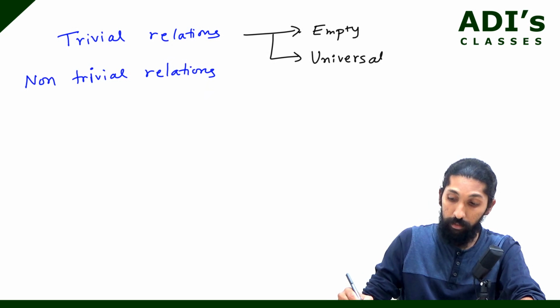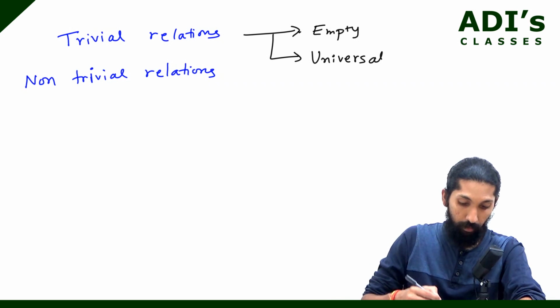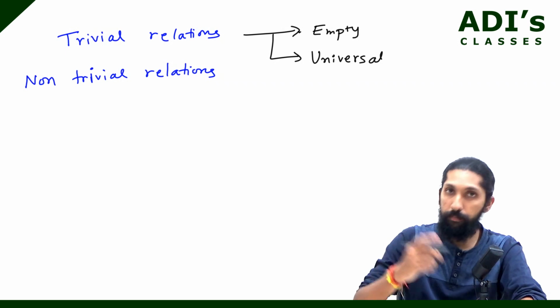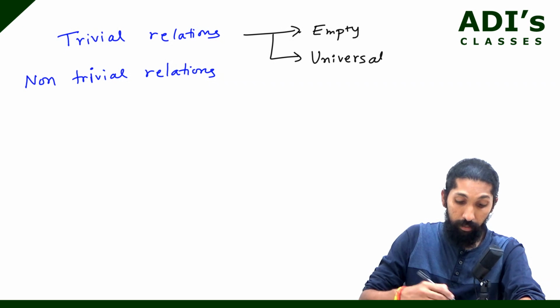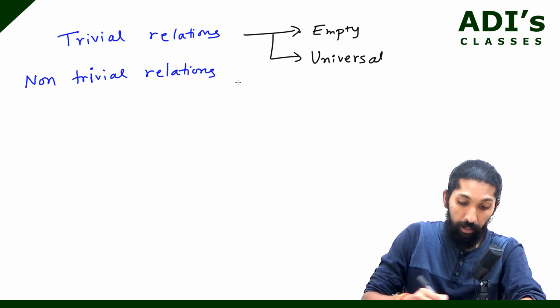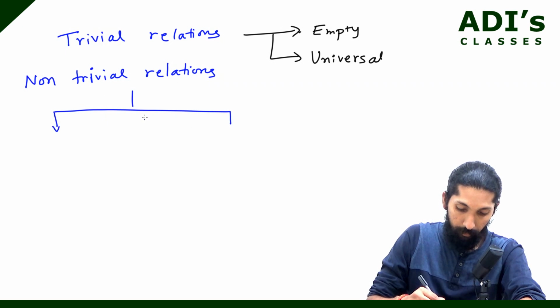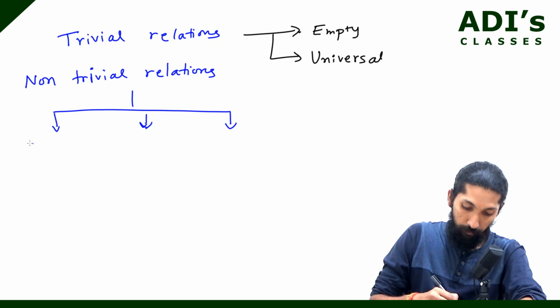Understood? Now, within the non-trivial ones, there are again three types. Generally we don't call it non-trivial, we just say the types of relation. Now, under non-trivial ones, we have three categories. Maybe I can just write it for you here. The first one is what we call reflexive.